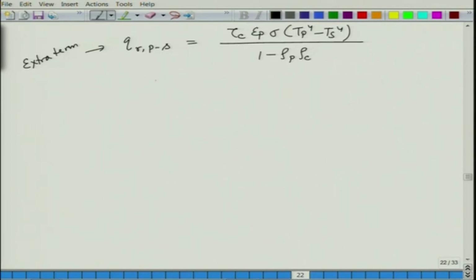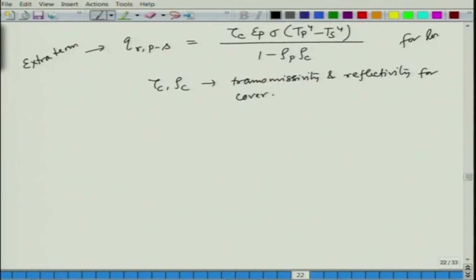So, what are these? This T c and rho c are the transmissivity and reflectivity for the cover system, for the long wavelength radiation which is coming out of the plate.